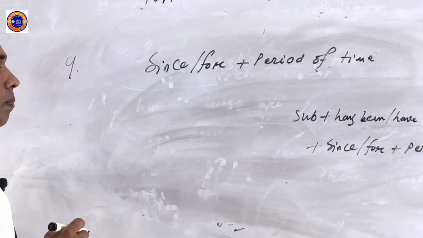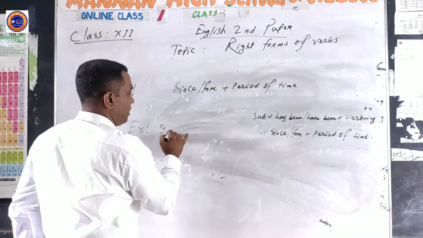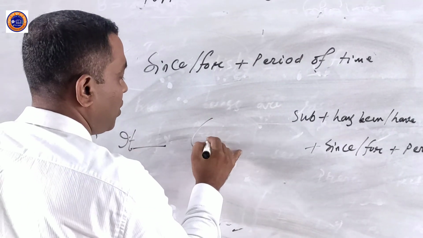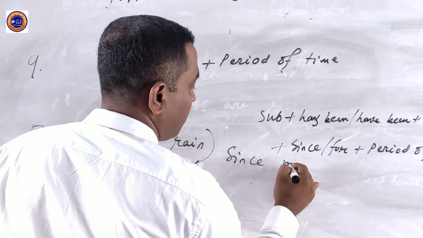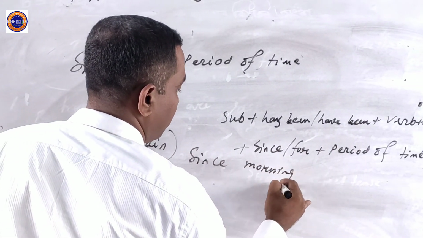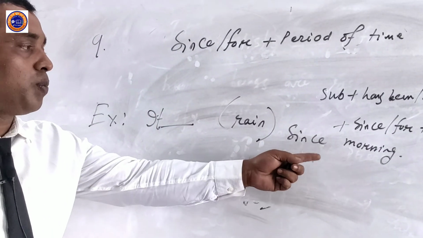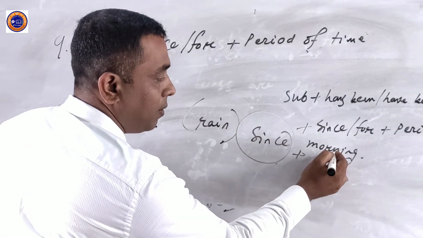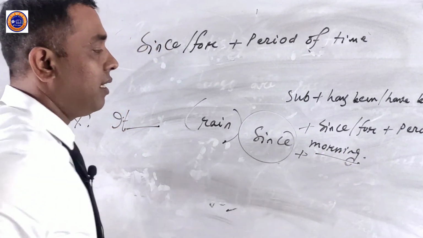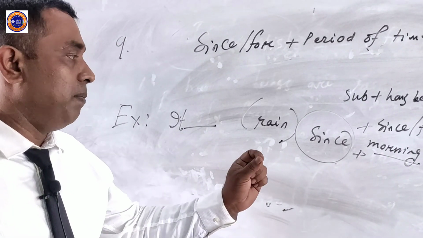To be more clear, I am going to give you an example. It dash rain since morning. This is an example. Dear students, here since is present, and morning is a point of time.